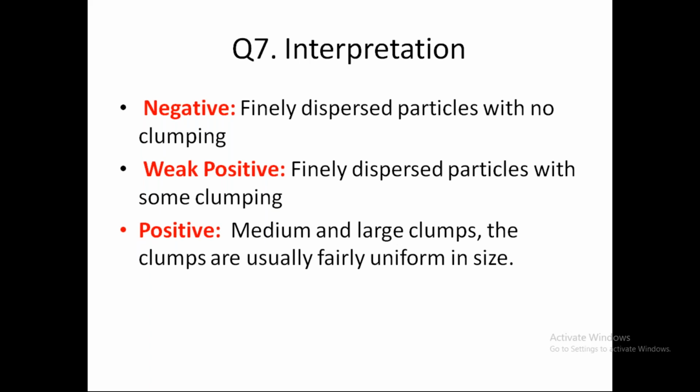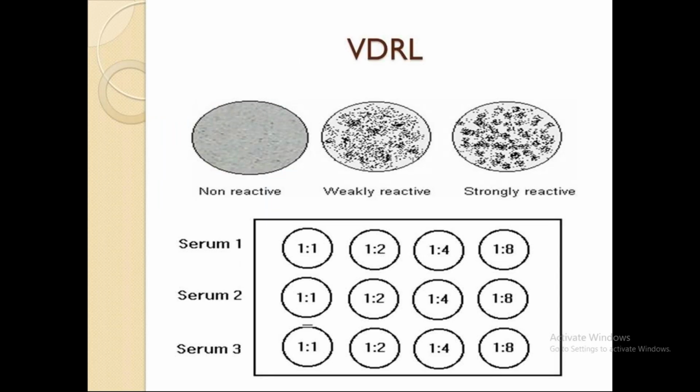A positive reaction is usually indicated by medium to large clumps. Please see this diagram. Non-reactive, weakly reactive, and strongly reactive. Only when the clumps are well defined and large, then you can say it is positive.